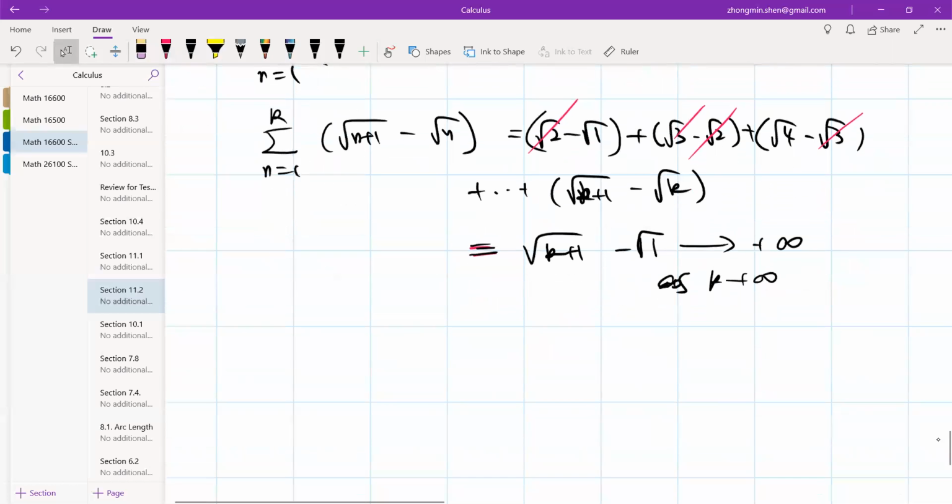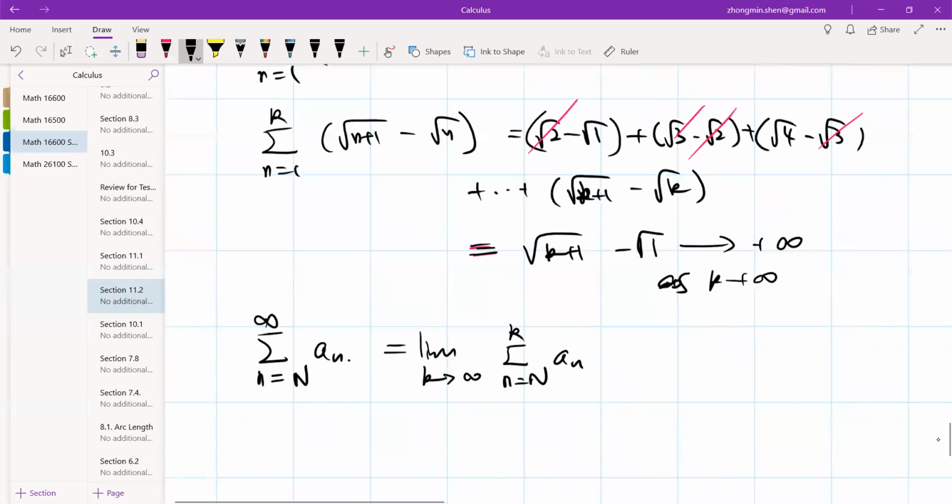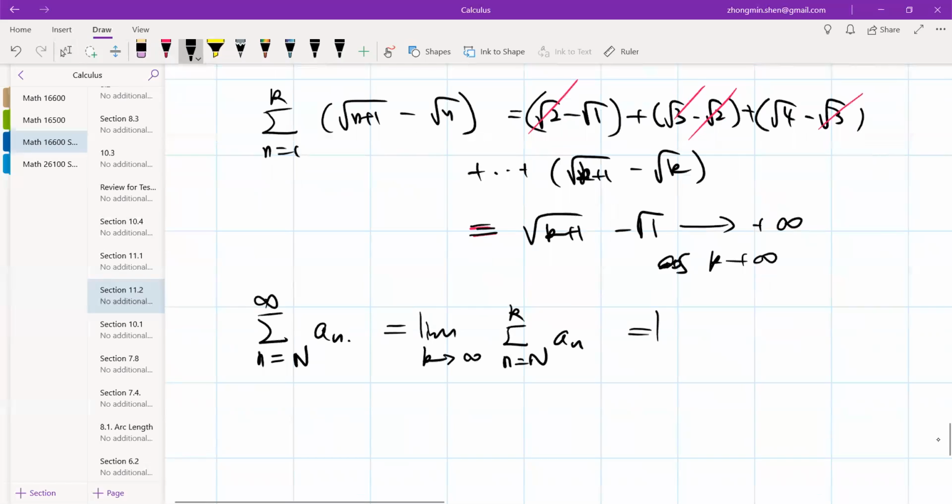All right, so given a sequence, remember, the series is viewed as the limit of the partial sum. So I'm going to denote the partial sum by S_K.